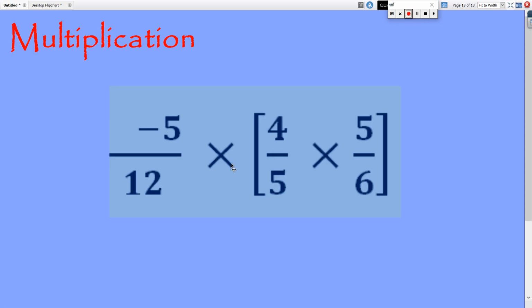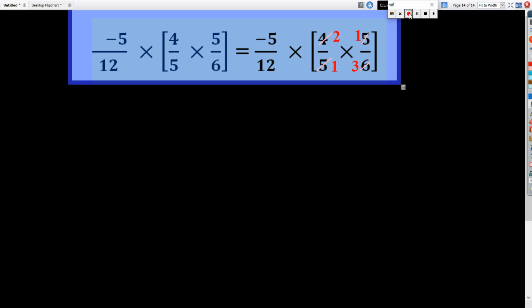Negative 5 by 12 into 4 by 5 into 5 by 6. First do this product. Find out the product first, then multiply with negative 5 by 12. Do it yourself. Here negative 5 by 12 into 4 and 6, you can divide by 2. So 4 by 2 is 2 and 6 by 2 is 3.